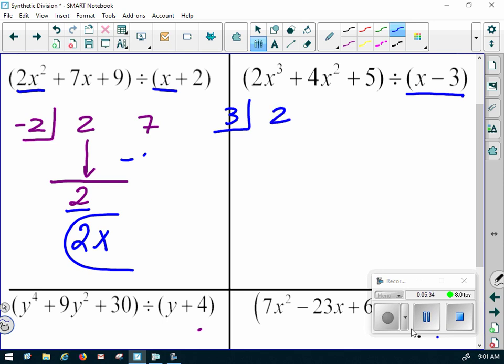Do I need any placeholders? Yes, I need a placeholder. Where? I have x cubed, I have x squared, and I have a constant. I'm missing x, so I'm going to have to put in a 0, so 2, 4, 0, 5.